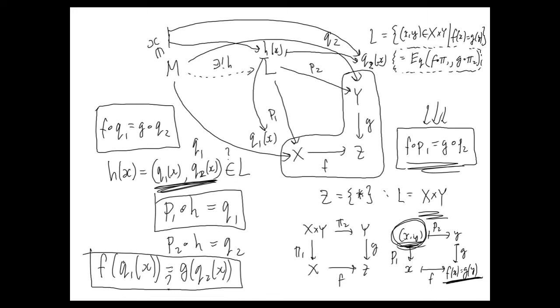On the diagram, this would mean that q2 of x, whatever that is, by g will be mapped to the same spot as q1 of x is mapped to by f. So do we have that? Do we know that's true?